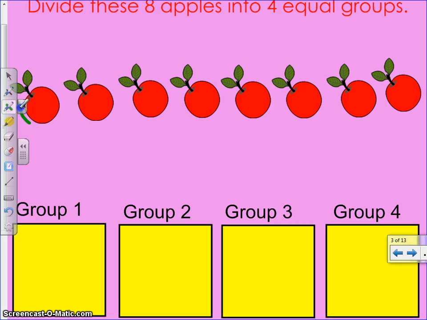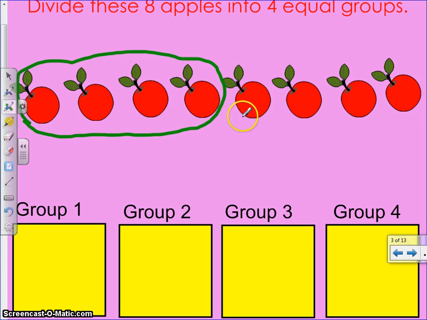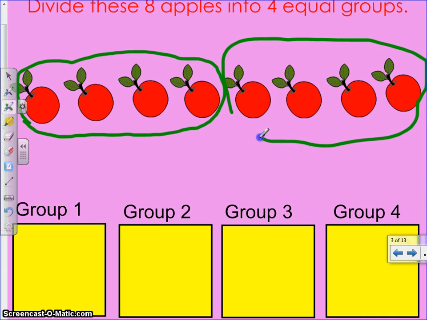So I'm going to have 1 group of 4, and then I'm going to put 4 in another group. And this time when I was saying 8 divided by 4, what I was saying was I have 8 apples, I'm going to put 4 in each group. How many groups do I have? Well, I have 2.